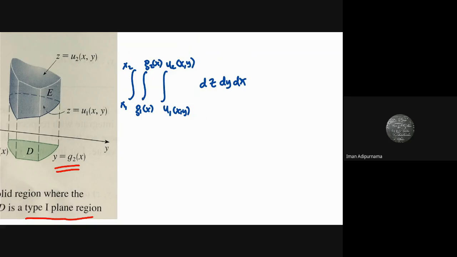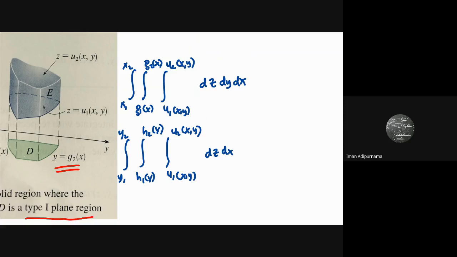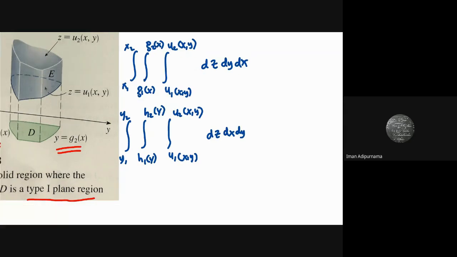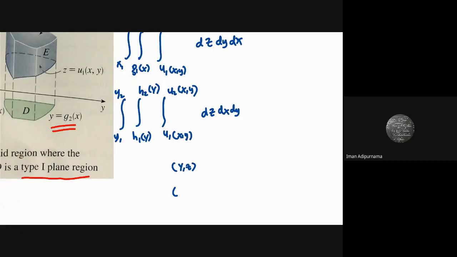If you have another, let's say, function of y, then this will be y, right? And because we can have more and more variations, of course, this can be functions of yz, and functions of xz, for this part here.